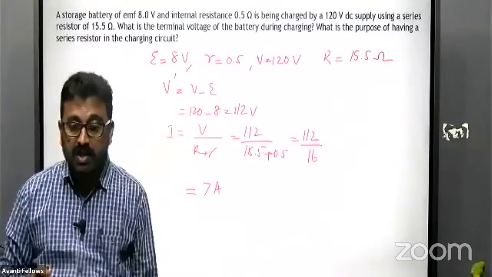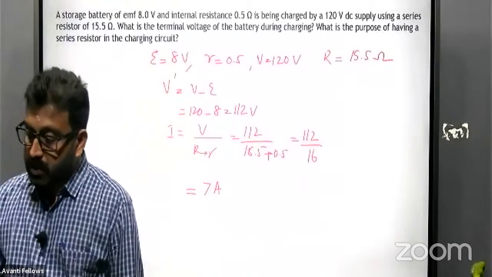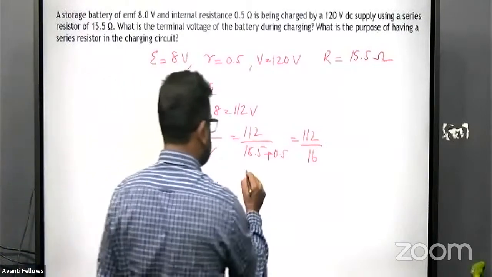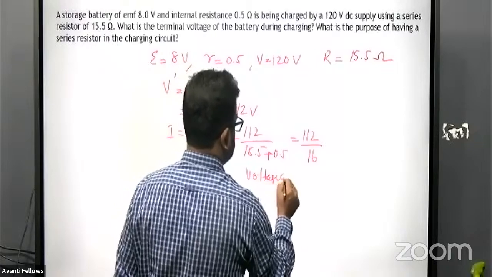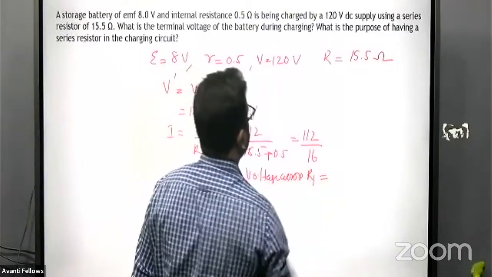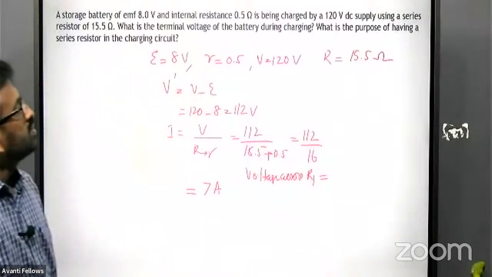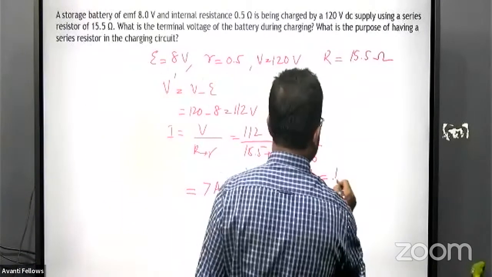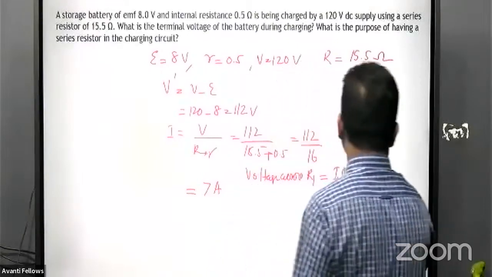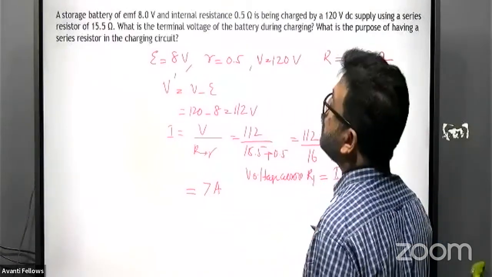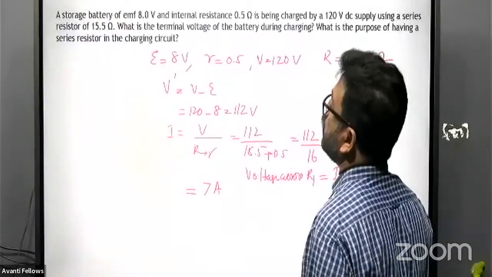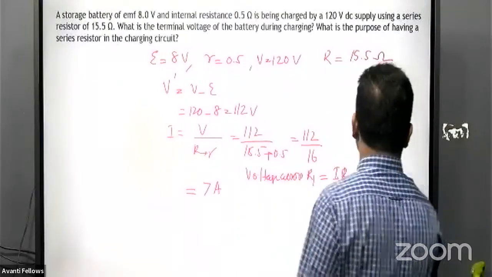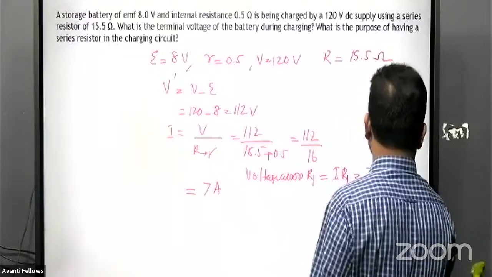For the terminal voltage, we need the voltage across the internal resistance, which will be I into r, that is 7 into 0.5, equal to 3.5 volt.